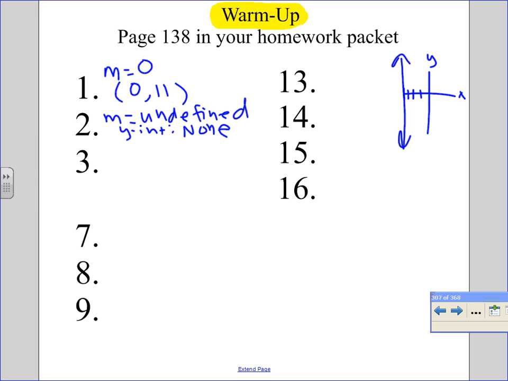Okay, number 3, Doug. Good. Good job. 0, -13. Make sure you guys checked 1 to 3. Charles, number 7. No. Number 7 has different directions. Good. Good job.